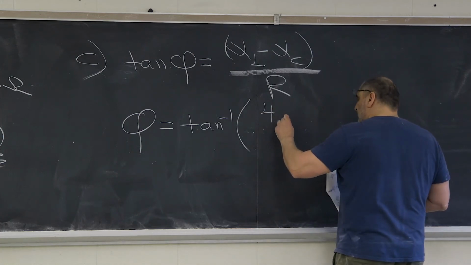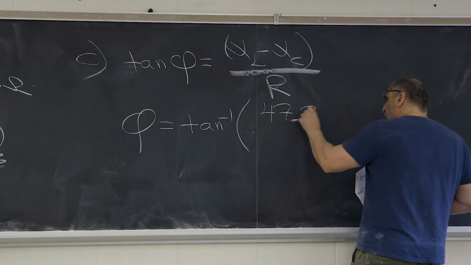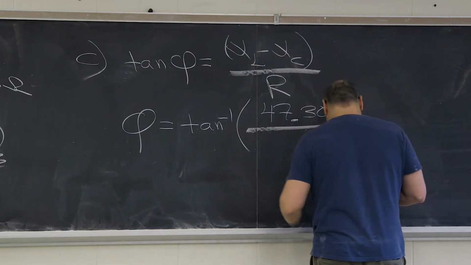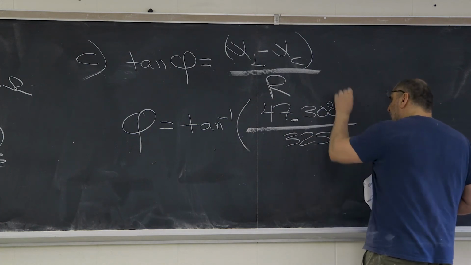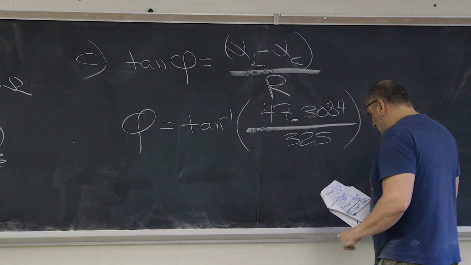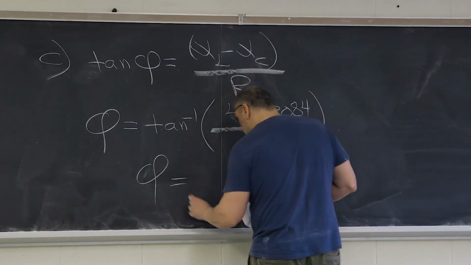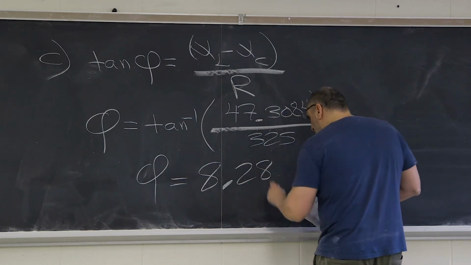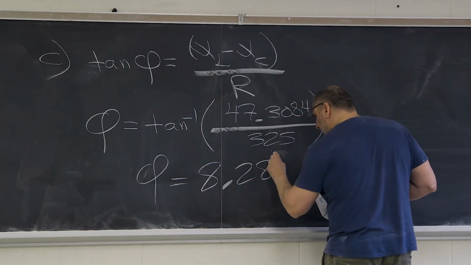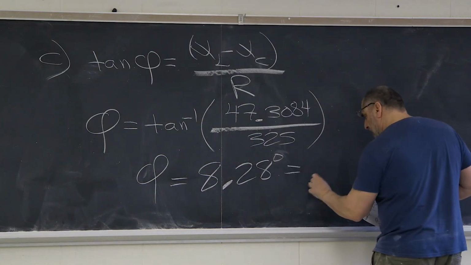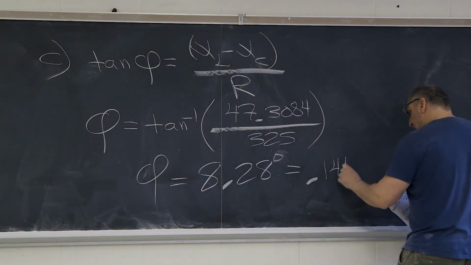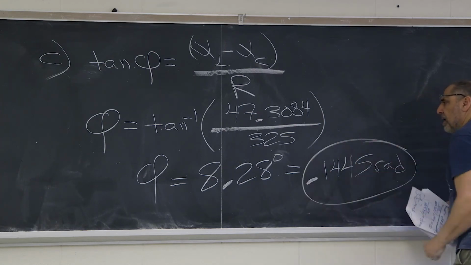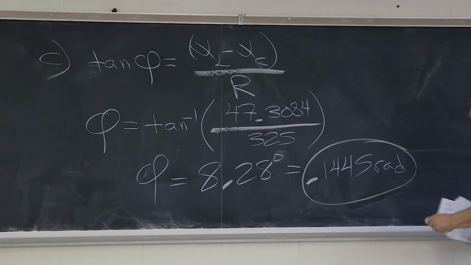But the 47.3 minus 8.4 over the resistance, phi, 47.28 degrees. Got that, got the other way, either one's going to be fine on that.